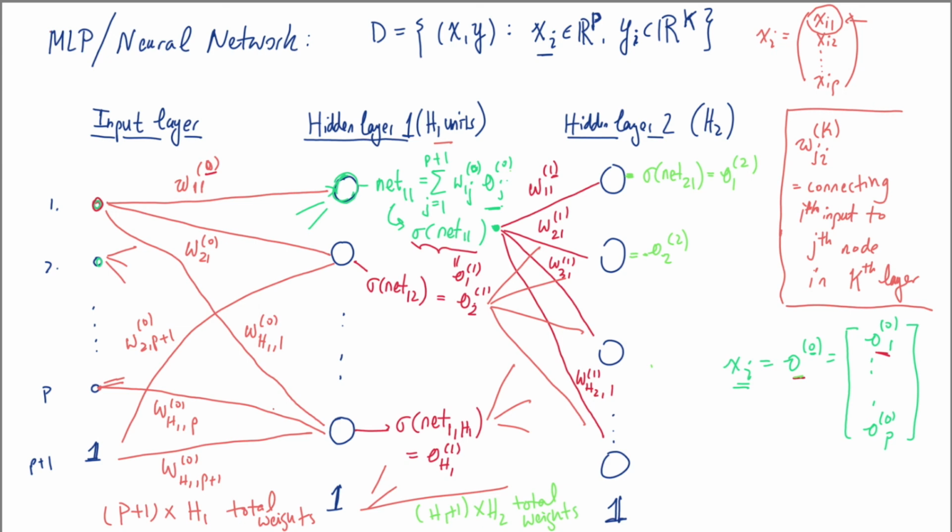All right, so I wanted to draw this all on the same page, but I don't think I'll fit it. Well, let me actually just draw the continuation. So this was hidden layer 2. We had H2 units and the bias.